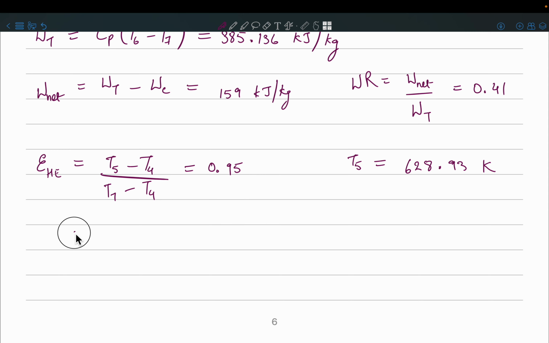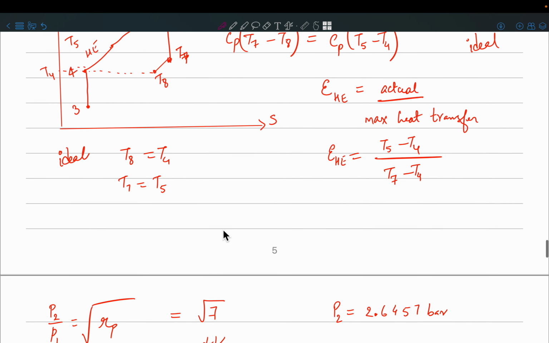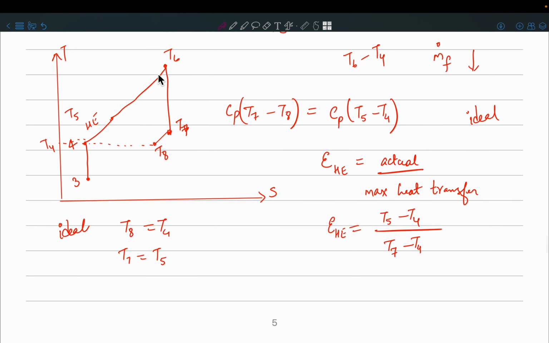Okay, and then finally we can find the heat input in the combustion chamber, because remember, if we didn't have the heat exchanger, we could have simply got the value as Cp times (T6 minus T4), because you would have to add the fuel to raise the temperature from the exit temperature of the compressor to the inlet temperature of the turbine. So all that work would be done by adding fuel.